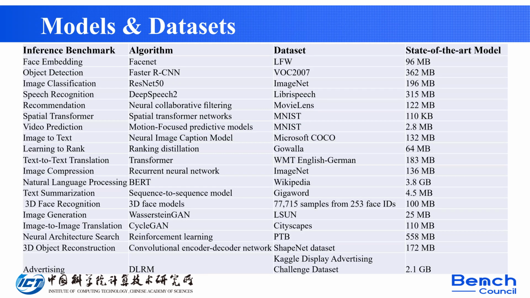There are 19 representative AI tasks selected from 3 internet services, which are search engine, social network, and e-commerce. And their model, dataset, and the state-of-the-art model are displayed in this table. We can find we have a lot of datasets and different model sizes.